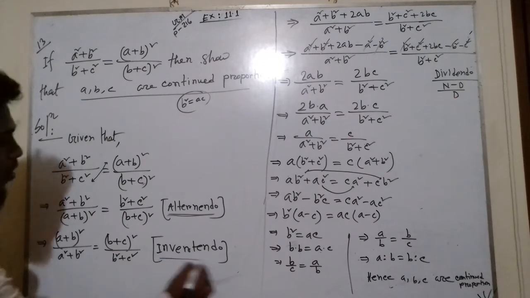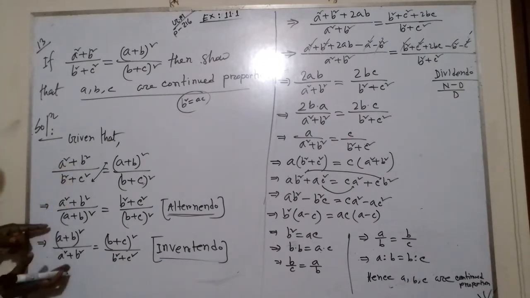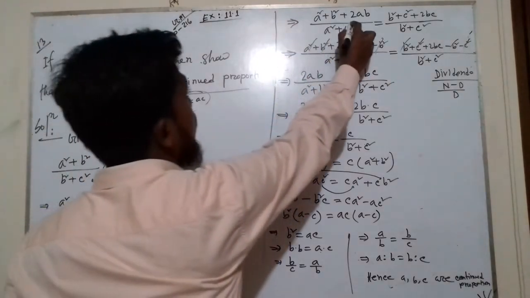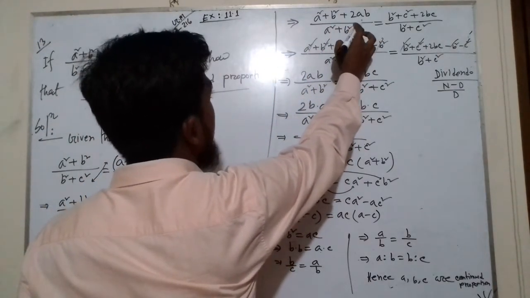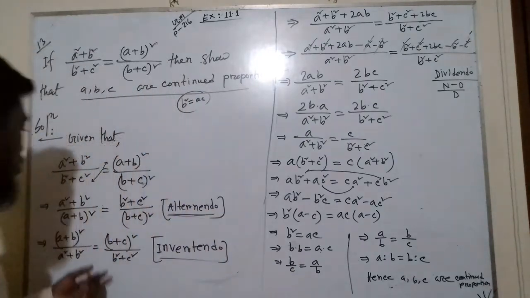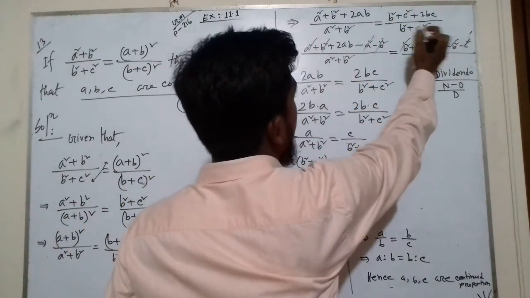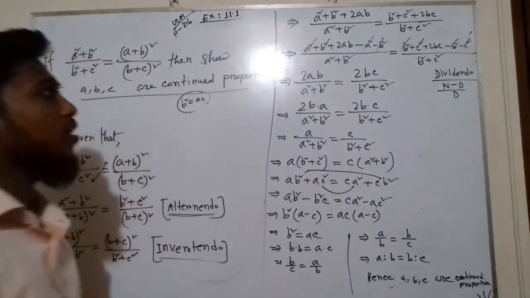This is invertendo. So this is (a plus b) whole square, so we can write (a square plus b square plus 2ab) divided by (a square plus b square) equal to (b square plus c square plus 2bc) divided by (b square plus c square).